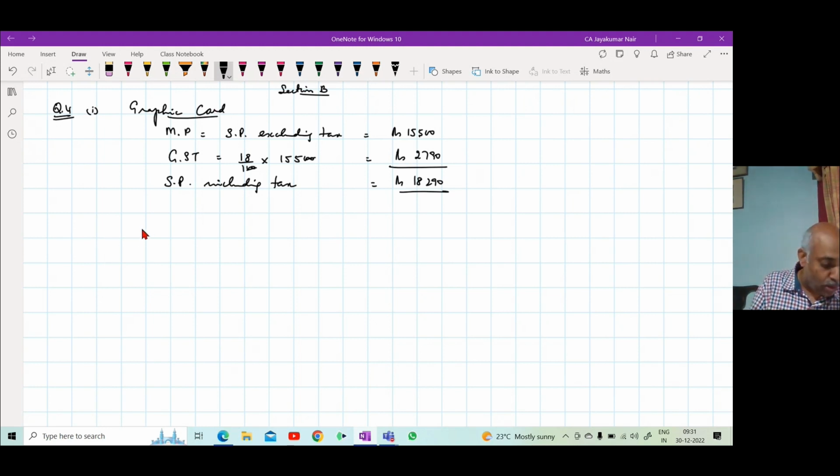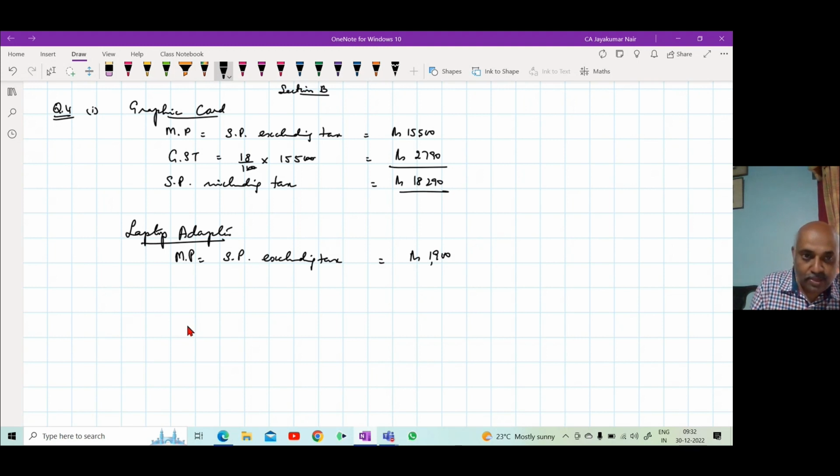Now the second one is laptop adapter. What is the marked price? Marked price is nothing but, in this case, the selling price excluding tax, which is rupees 1,900.